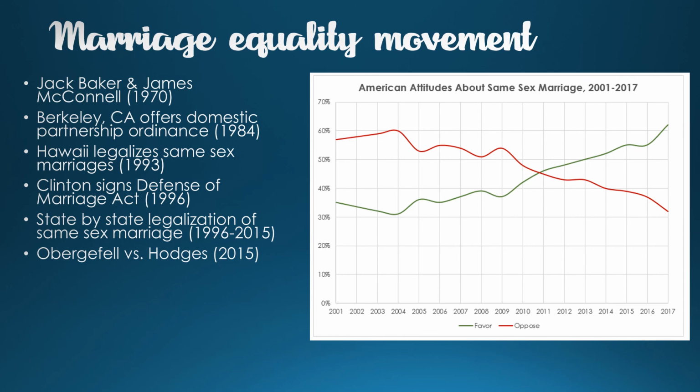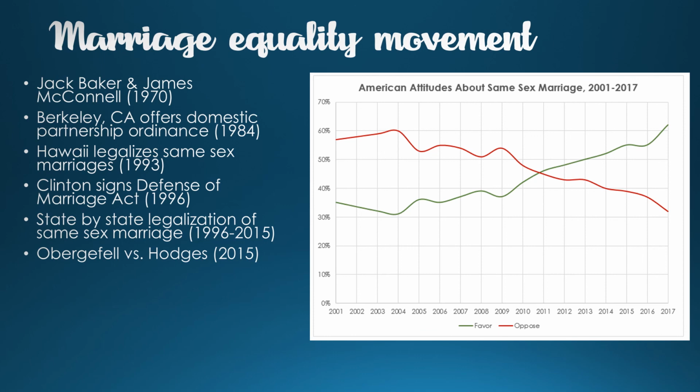But the power of this case is that it gave their experience a voice, shedding light to the country that other people out there may not be straight but also want to get married. Their case paved the way for the movement to start, gain traction, and lead to 2015. So we're talking about 50 years ago. This movement is not a new issue that just popped out of nowhere.